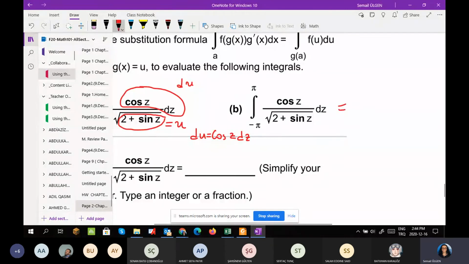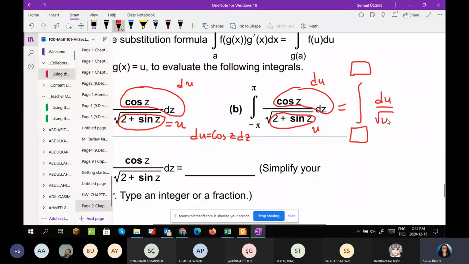So B, this is my u, and this is du. Okay, so for the integral, you can change the limits, or you can leave the limits as they are. So I'm going to put a box here. So this is du over the square root of u. I'm doing B first, and then I'm going to do A.